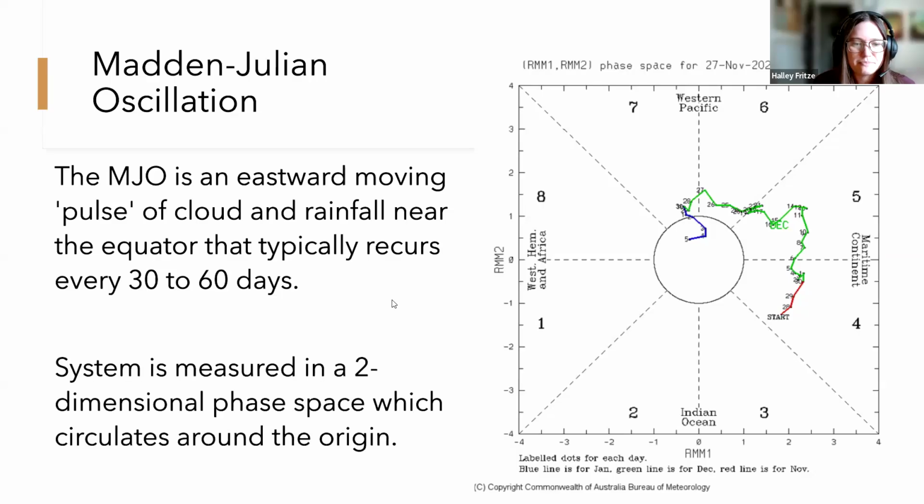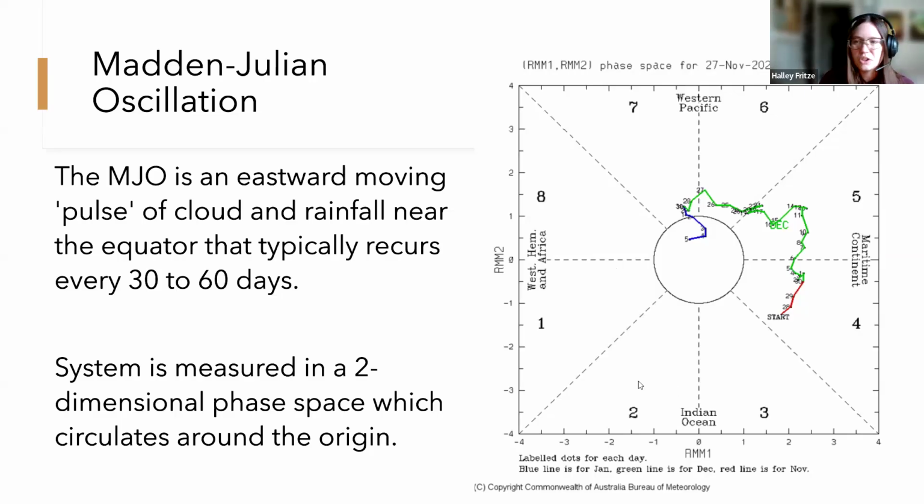And so how they decided to measure this oscillational process is in this two-dimensional phase space, where they take a lot of the features of the data set, and then they also place it on this sort of radial space where each sector is some area of the Earth. So we can see in 7 and 6 I'm in the Western Pacific. Here I'm in the Western Hemisphere and Africa in 1 and 8.